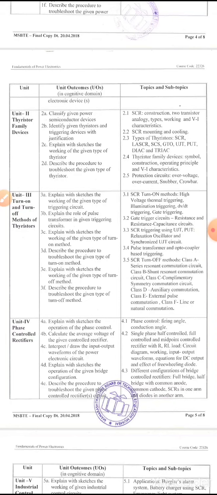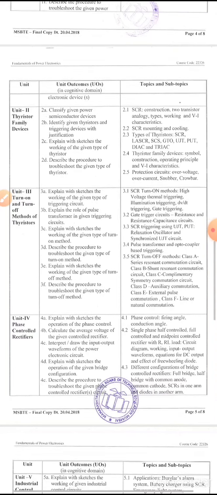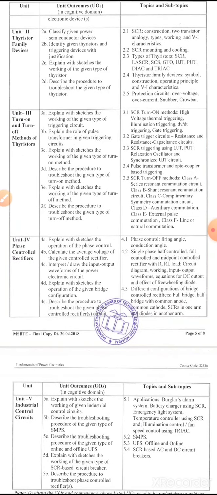Okay, now next is unit number 5, phase controlled rectifiers, in which we will discuss the definitions related to the firing angle. Firing angle is the angle at which the SCR starts to conduct, and conduction angle is the period for which the SCR is on.